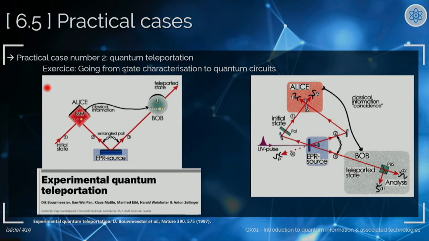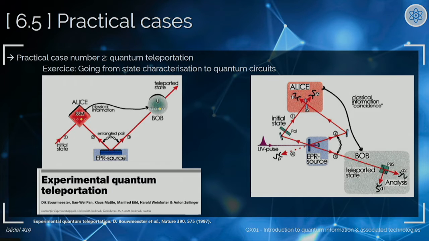What you do is you make a BSM, a Bell state measurement, at Alice's side. Alice has a result, so she transfers this result through a classical channel to Bob, where Bob will now take the second qubit from the entangled pair, and adjust it depending on which operation he needs to do in order to get the teleported state. Okay?